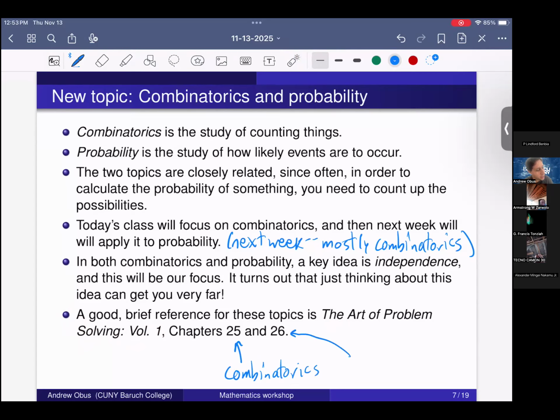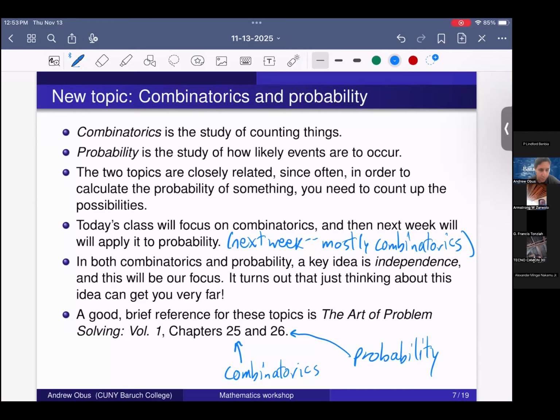I think each chapter is only about 10 pages long. It really has lots and lots of types of problems and lots of good examples here. So I recommend checking out chapters 25 and 26 if you want an exposition for combinatorics and probability.